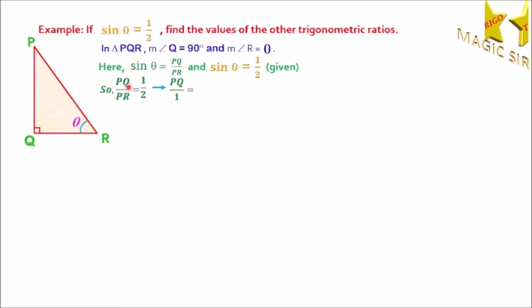This can also be written as PQ upon 1 is equal to PR upon 2 is equal to K. We assume that it is equal to K, where K is a positive number.